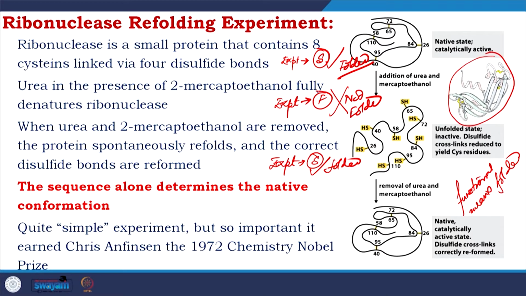It is a quite simple experiment, but it was so crucial that he was awarded the Nobel Prize. And if you do not understand, I am again summarizing the fact that before Christian Anfinsen's experiment, nobody worked with protein outside the biological system. If you remember, when I talked about the early days of crystallographic studies or protein studies, most of them were collected from blood because you could get the blood in pure form.